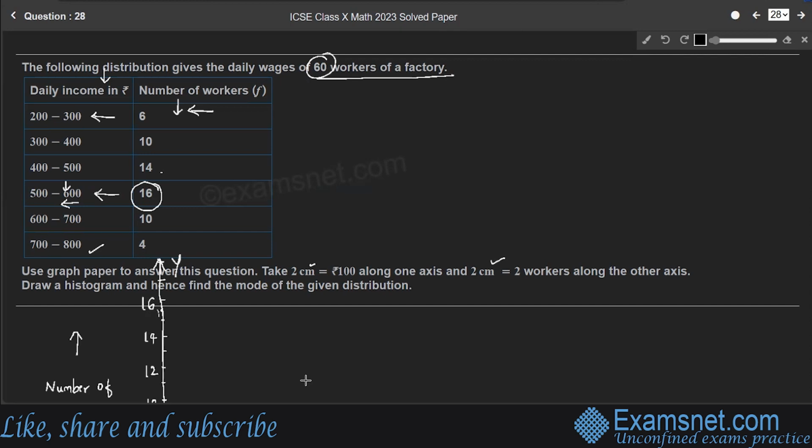So before going to the mode, let us represent the given data in a graph. Here we have to take the scale along the x-axis. 2 centimeter is equal to 100 rupees. Along the y-axis, we are taking 2 centimeter is equal to 2 workers. Here, 6 workers, their daily wages are in the range 200 to 300 rupees.